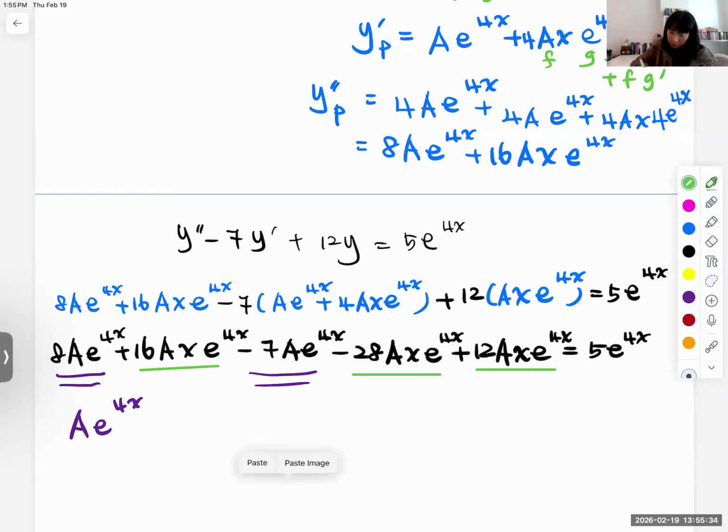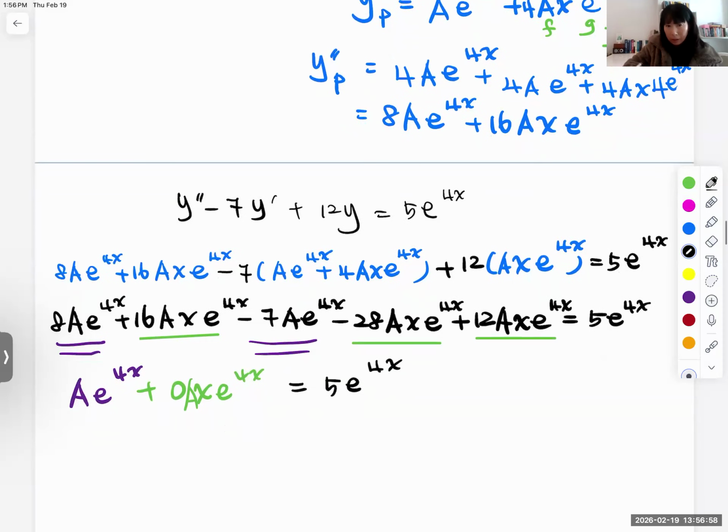Okay, that will be plus 0ax e to the 4x equal to 5 e to the 4x. Okay, so this one corresponding, right? So that means a equal to 5. We can see that, right?